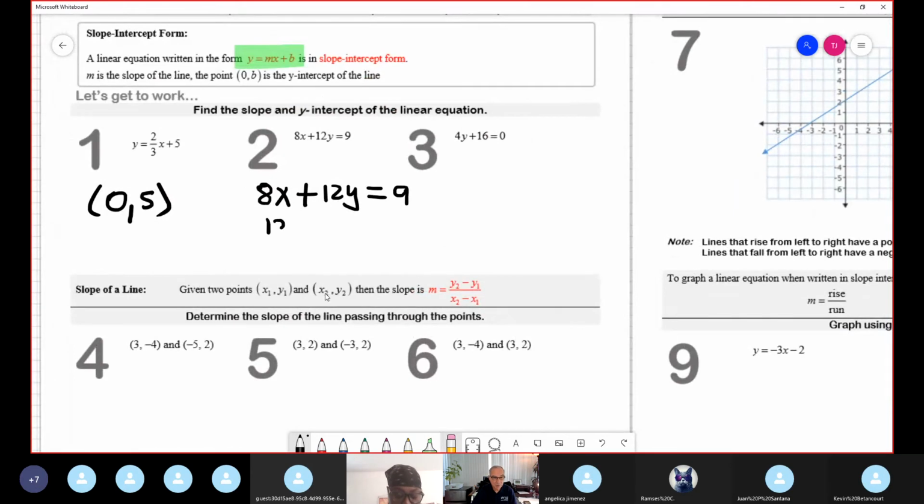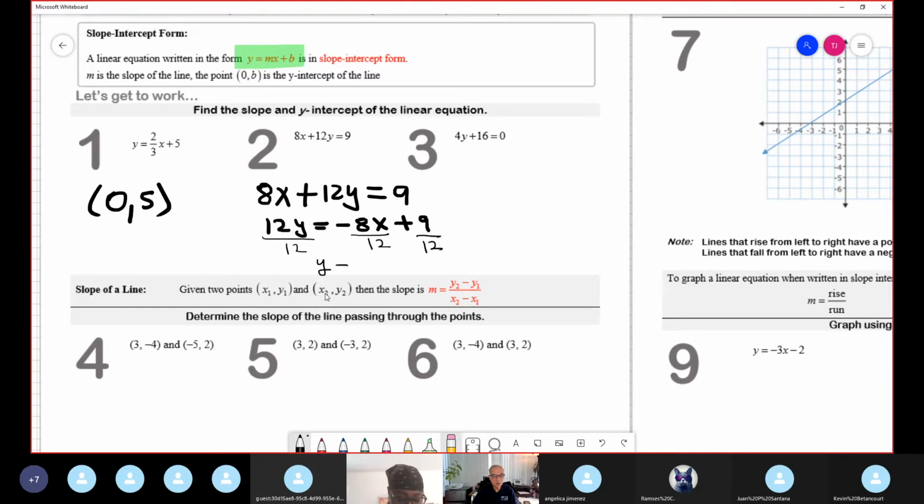Then 12y is equal to minus ax plus 9. Now divide by 12. Divide by 12.